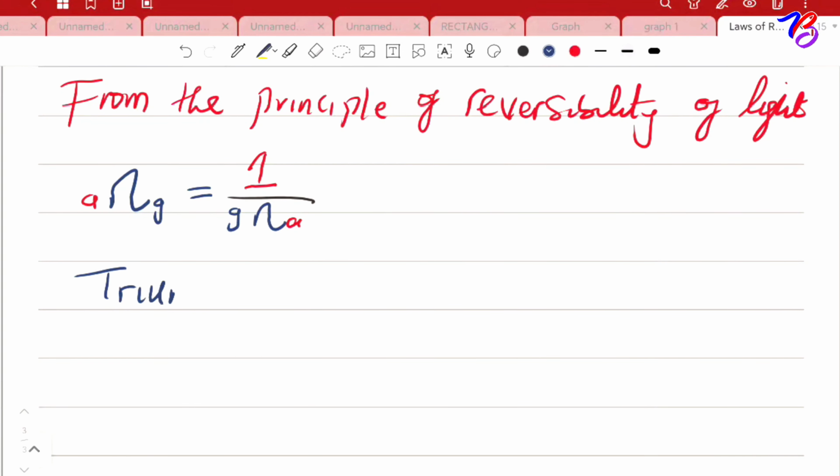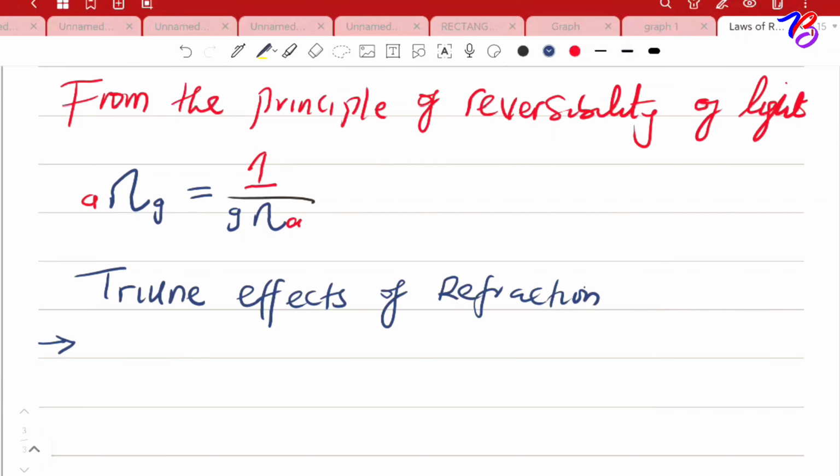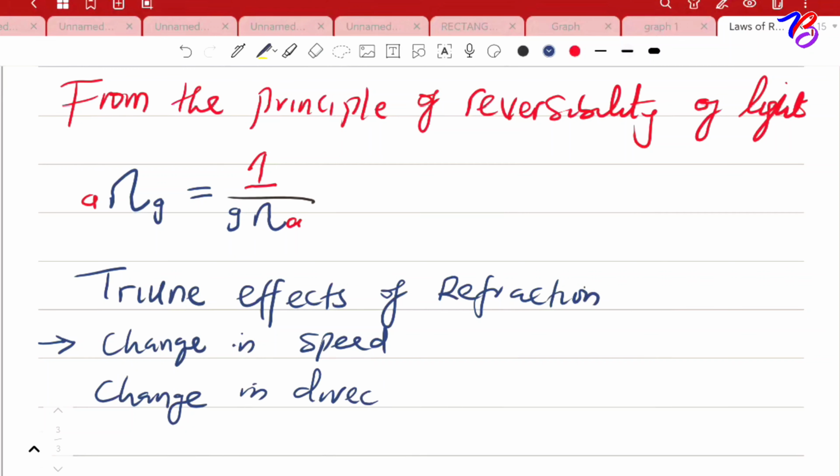So what are the triune effects? The triune effects of refraction. When refraction takes place, what happens really to speed and the rest? Number one, there is a change in speed. Your v will change, the value will change. Then number two, we have the change in direction.